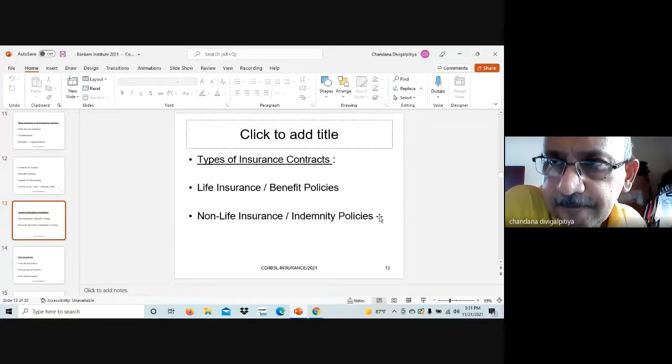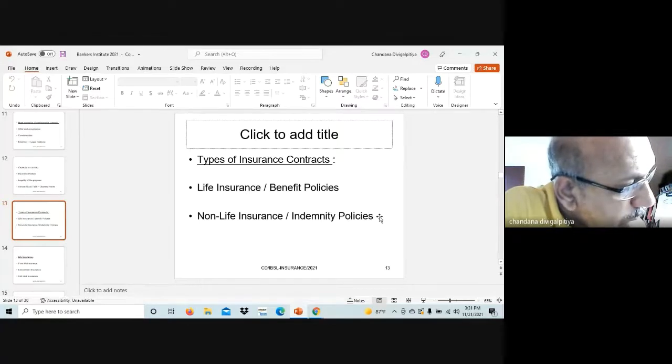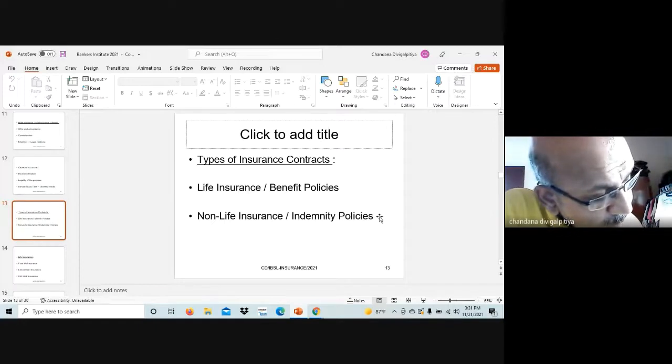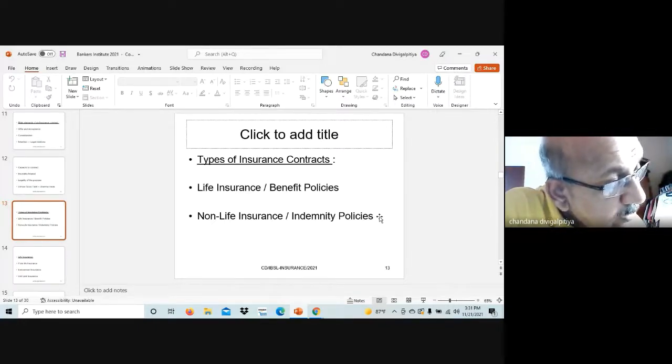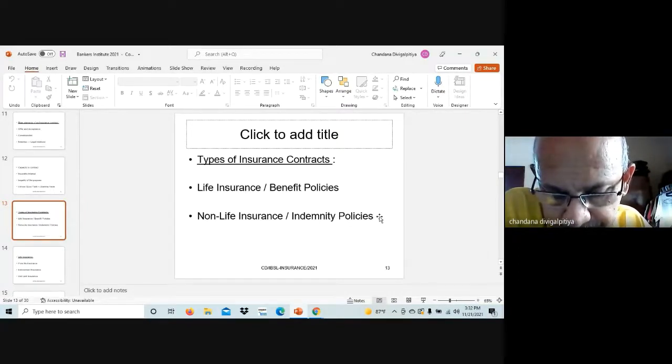For example, if he has insured his vehicle in 5 companies, he will get the loss value collectively from all the companies.